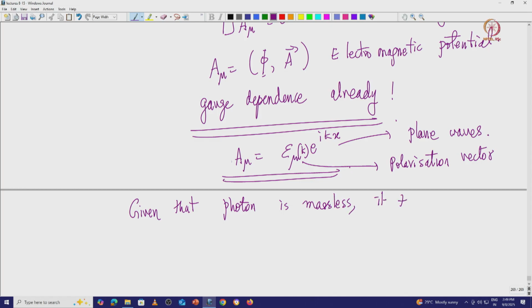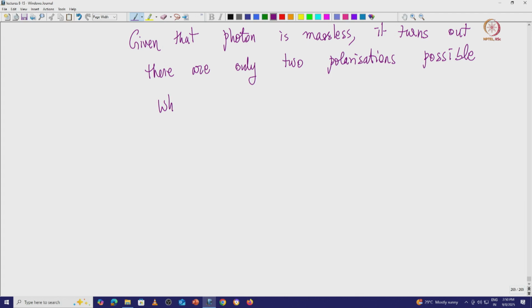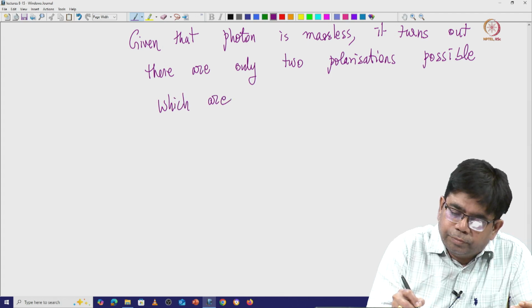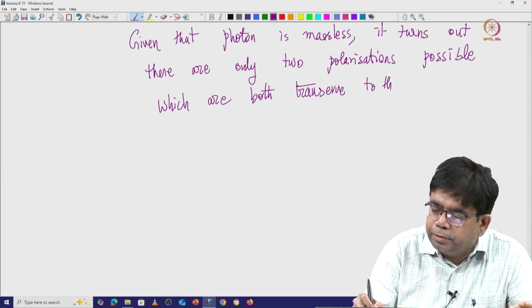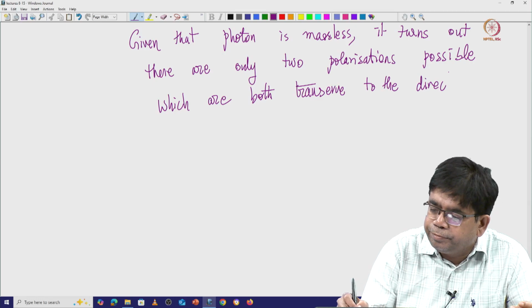it turns out there are only two polarizations possible, which are both transverse to the direction of the momentum.